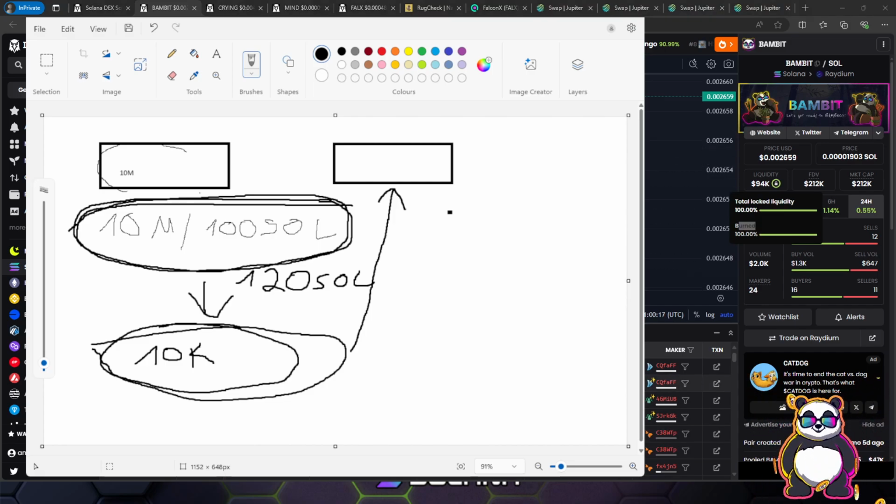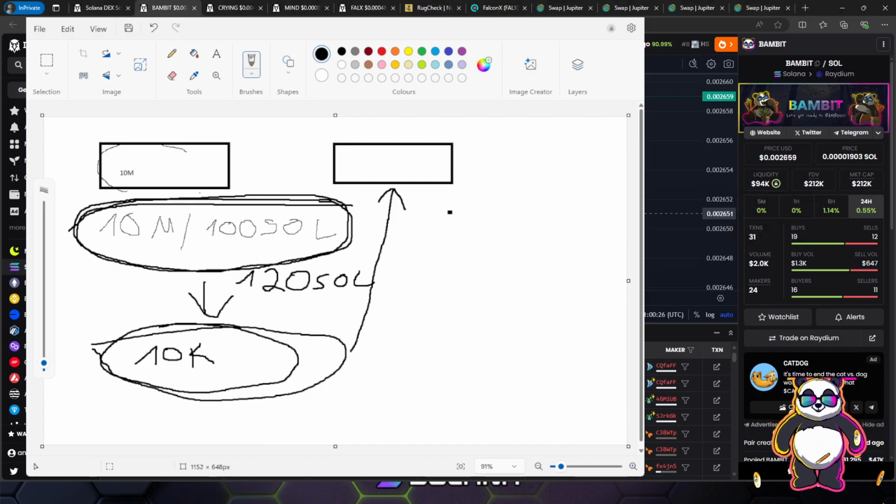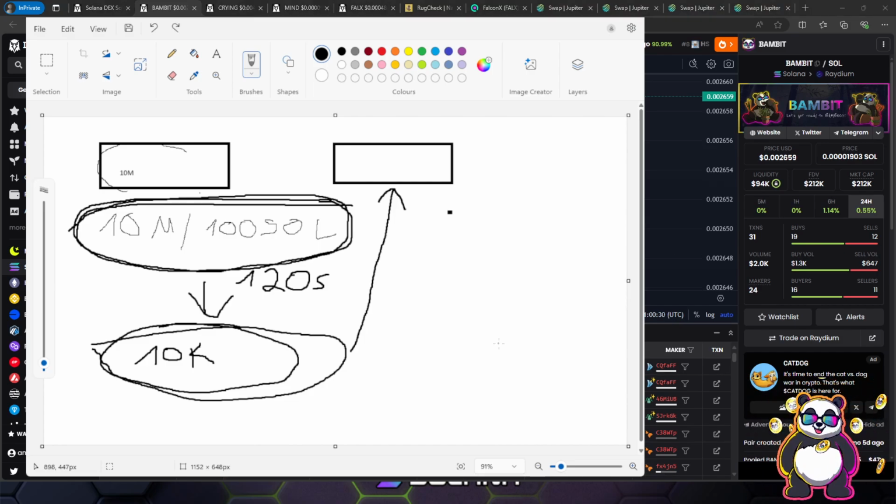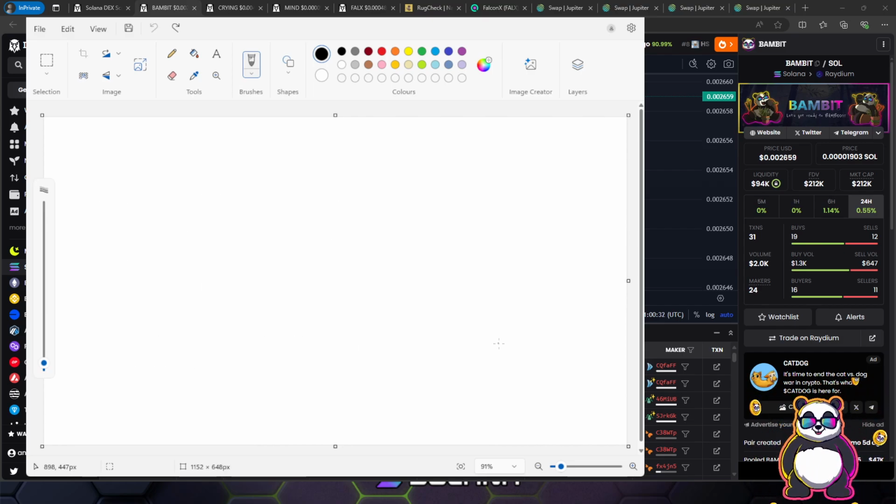And now let's go into a bit more advanced topic, market cap and liquidity ratio, and let's understand how that plays a role. Because most people don't really realize that, and it's very important, to be honest.